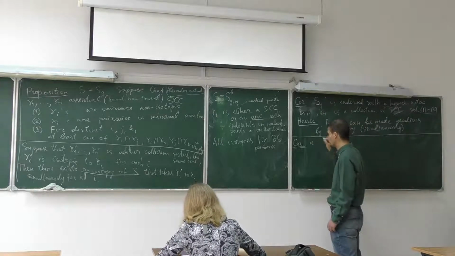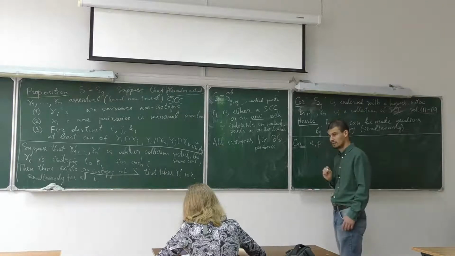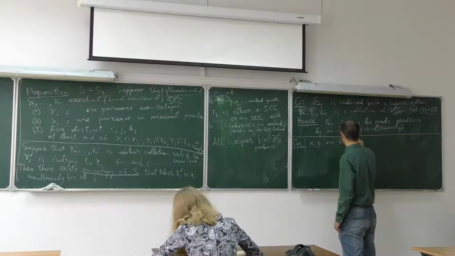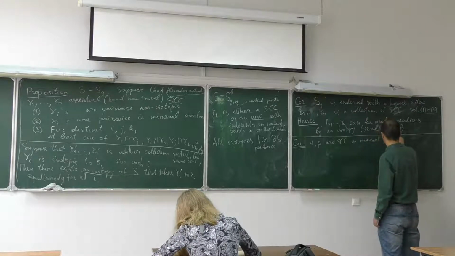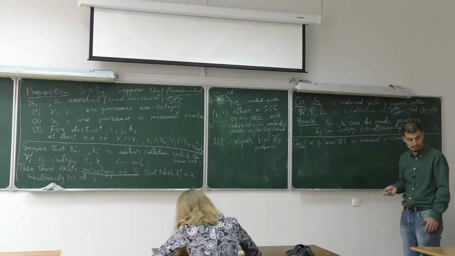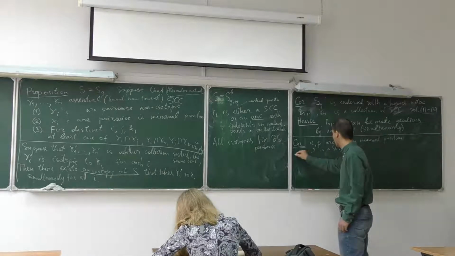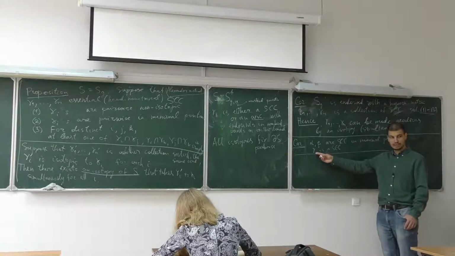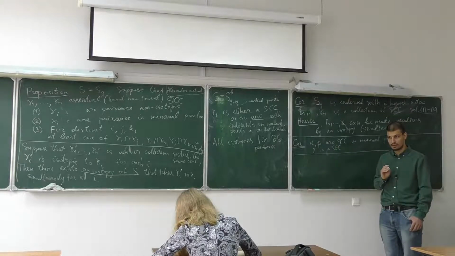Suppose that alpha and beta are simple closed curves in minimal position, and suppose that we have another curve gamma, also a simple closed curve. Then there is a simple closed curve which is isotopic to gamma and is in minimal position both with alpha and with beta.